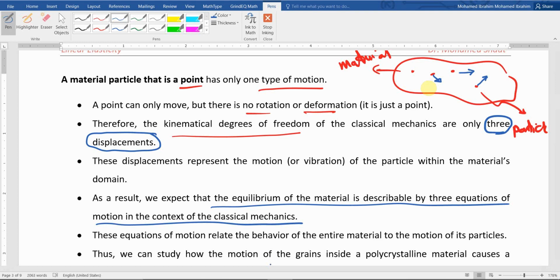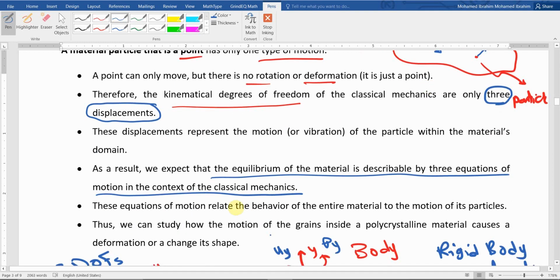If it is confined just to move in 1 dimension, then 1 equation of motion is enough. So the number of equations of motion depends on the number of degrees of freedom you give to the particle. In total, in classical mechanics, in the most general case, in three-dimensional space, the particle can only move in the x, y, and z directions, just 3 displacements. So in general, we have up to 3 equations of motion for classical mechanics. Make sense?